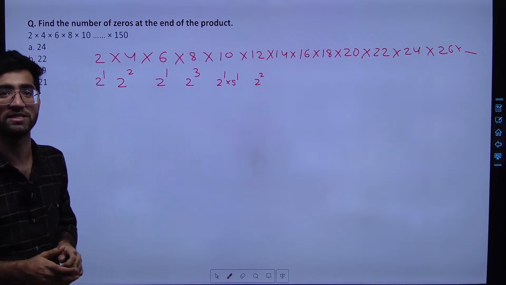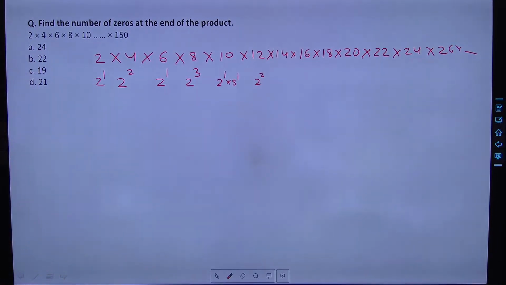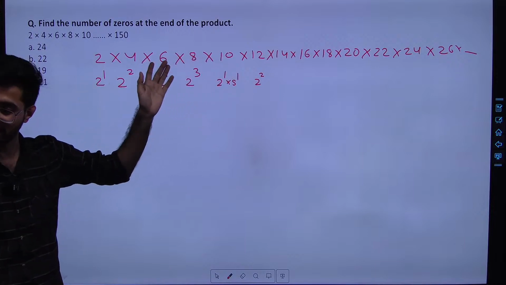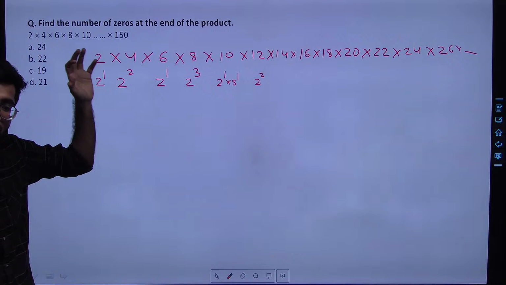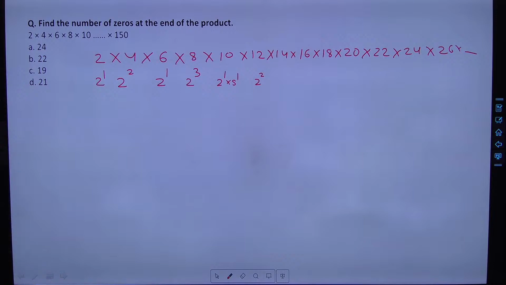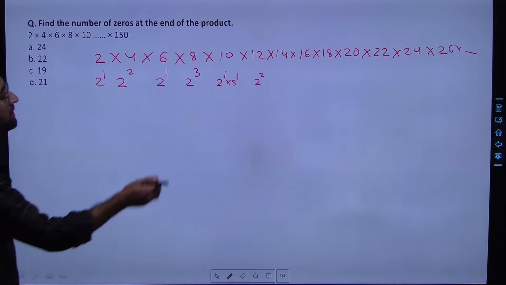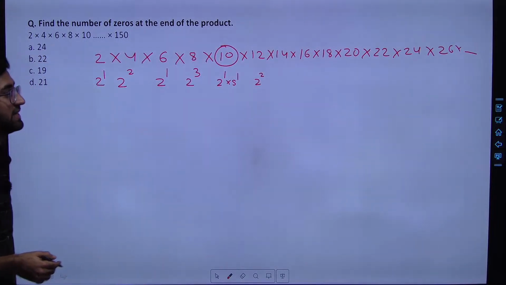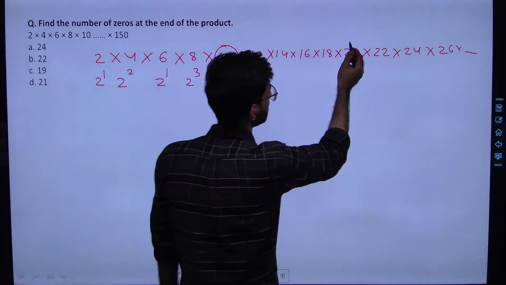Now, try to solve this question. The power of 2 is going to be higher than the power of 5. Why? 2 is present in every number, right? Means you only have to look at those numbers which contain 5. And 5 will be in which number? 5 will be present in 10. 5 will be present in 20.